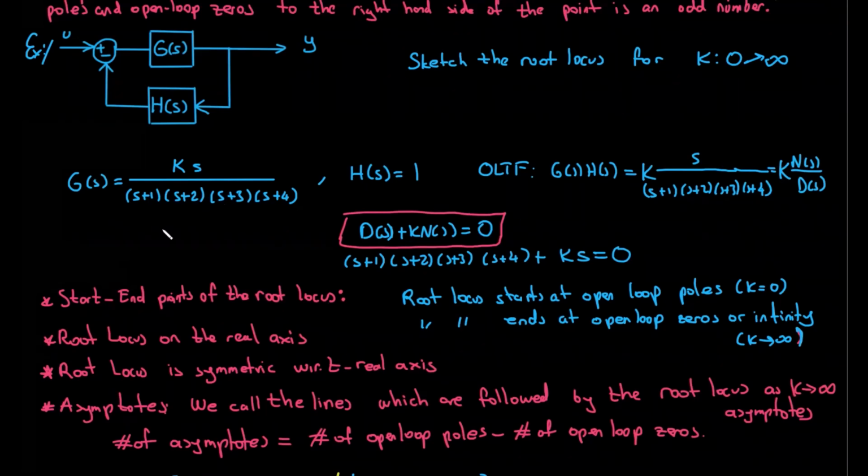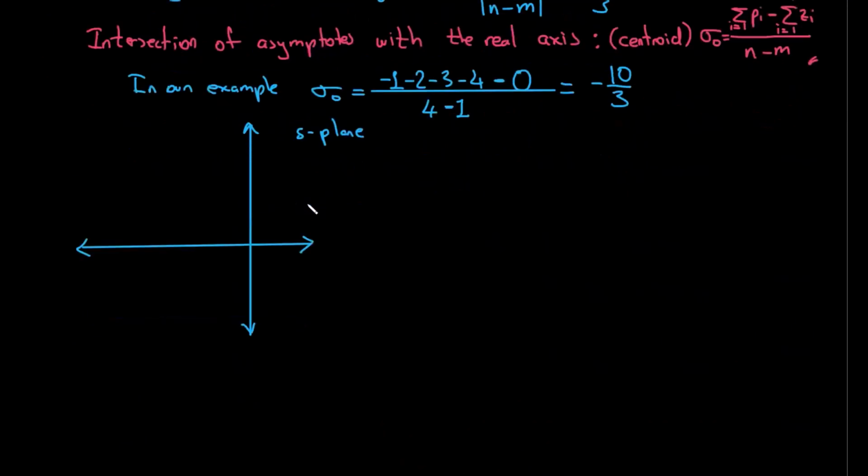So let me first place the zeros and poles on the S-plane, okay? So I have a 0 at the origin. So this is my 0. Okay. And I have poles at s equal to -1, -2, -3, and -4.